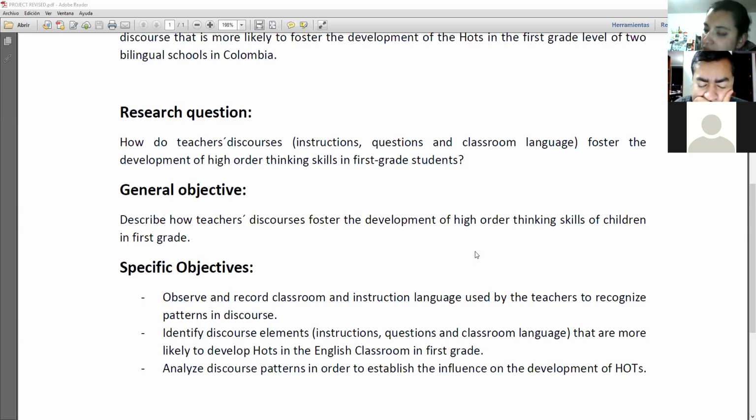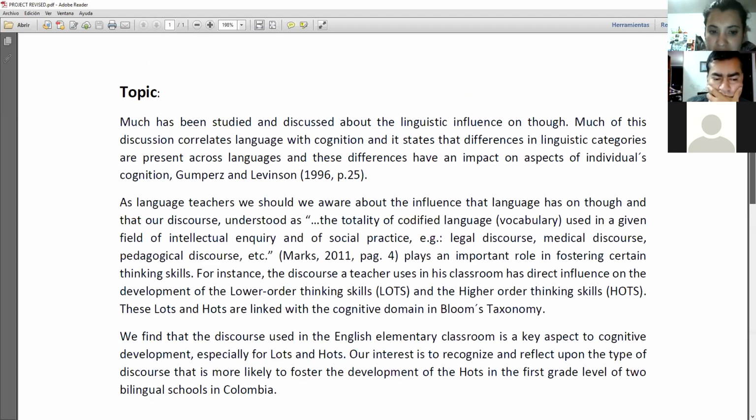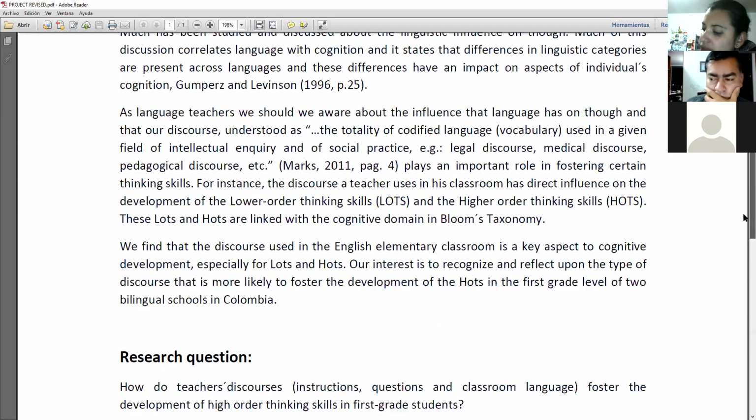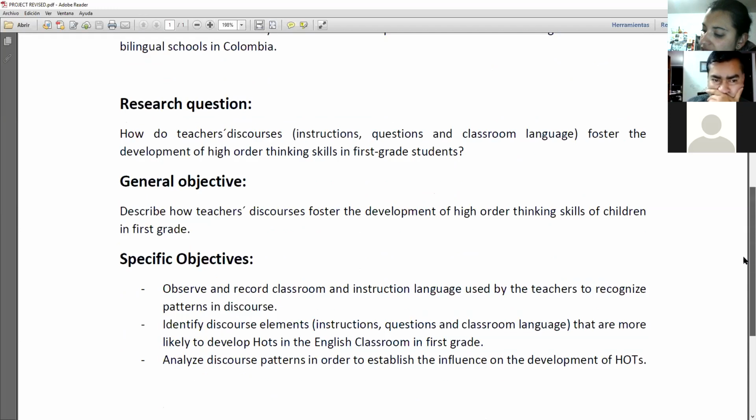If not, maybe it is because of the type of question that was posed by teachers, or because students are not interested enough in developing those skills, or probably the type of interactions occurring in the classroom are not helping students to develop that because the class is focused on just learning structures, for example, and they don't ask for students' opinion or construction of meaning.